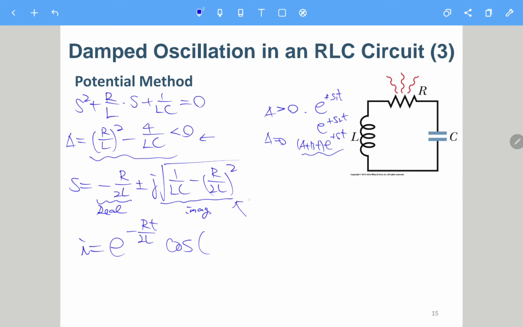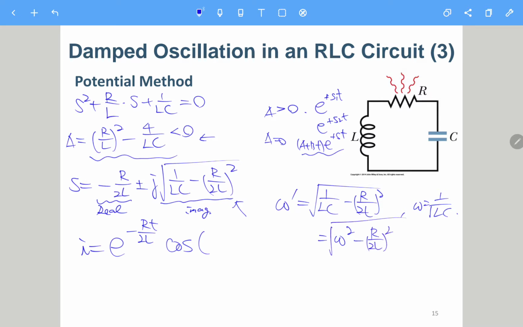Omega prime is the square root of 1 over LC minus (R over 2L) squared, or omega is 1 over square root of LC, so it becomes omega squared minus (R over 2L) squared, and then take the square root.